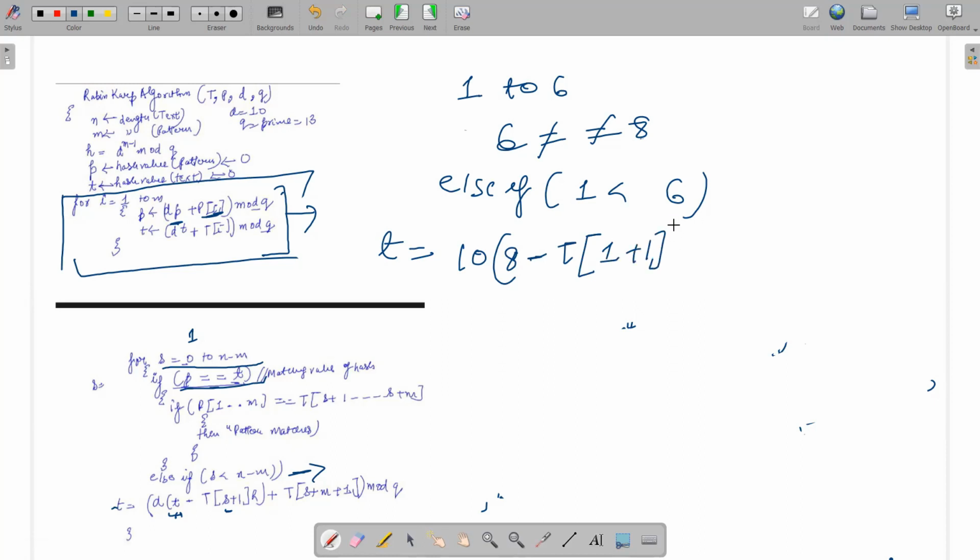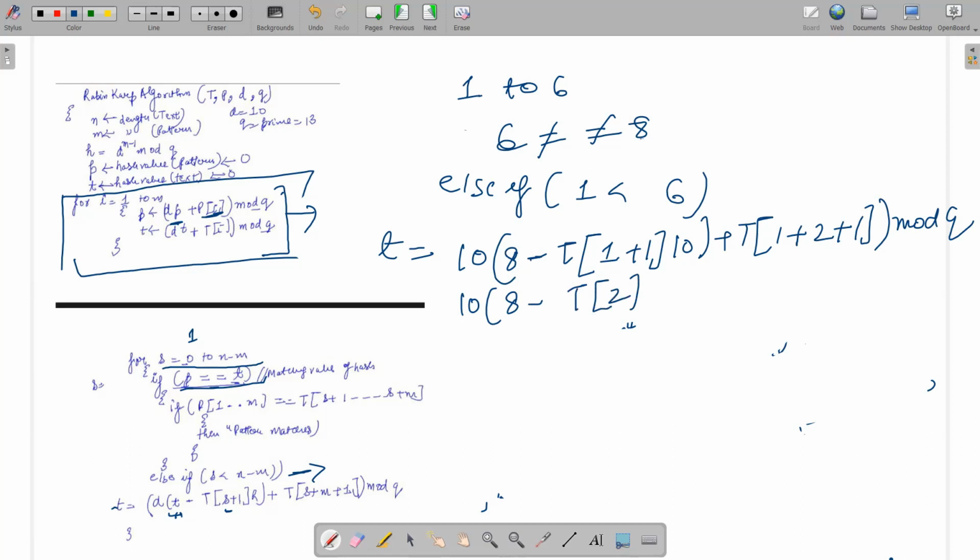Then we will multiply it with H. What is H, guys? H is 10 plus T of 1 plus 2 plus 1, entire modulus with Q, right? So that is 10 minus 8, 8 minus T of 2, multiplied with 10, then T of 4 modulus 13, entire modulus 13.